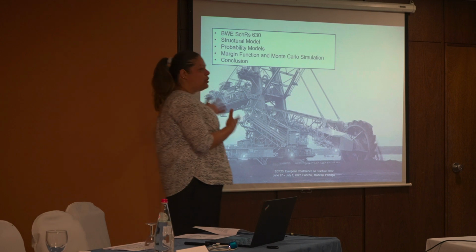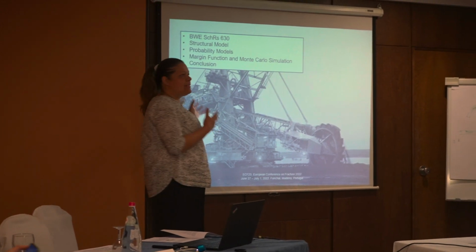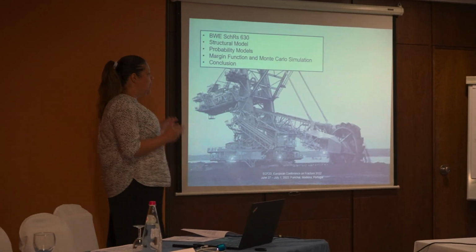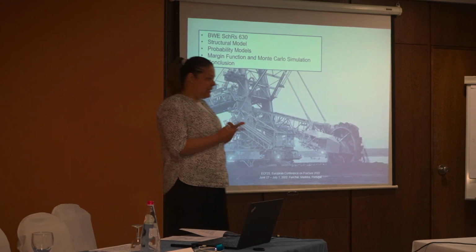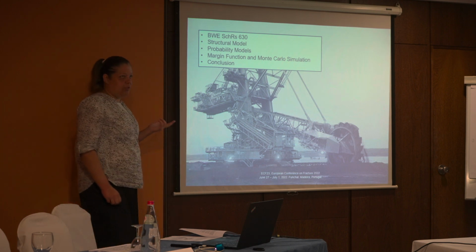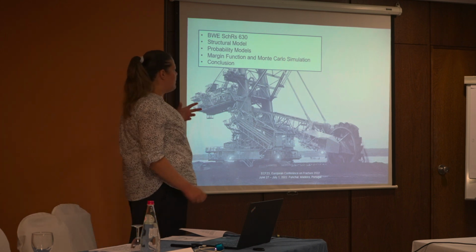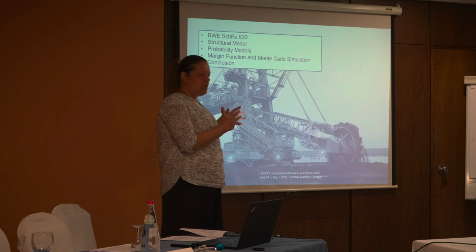So this machine is marked as a really important structure, and we chose this structure because it's complex, it's big, and it is an important construction. So we are talking about structural reliability of these constructions.